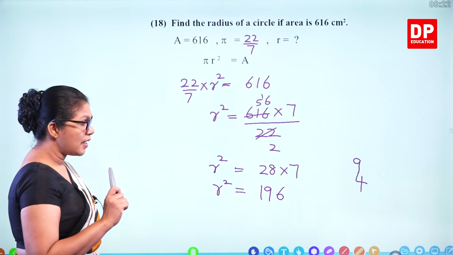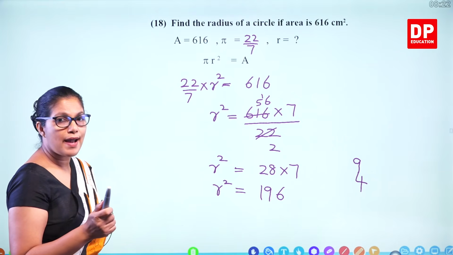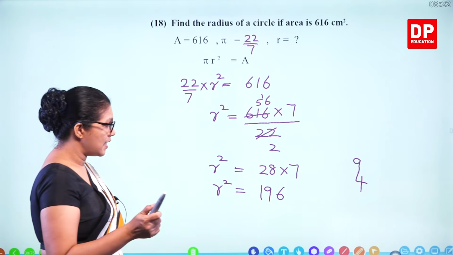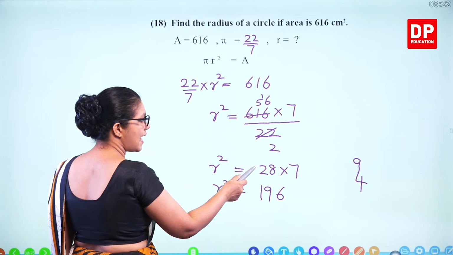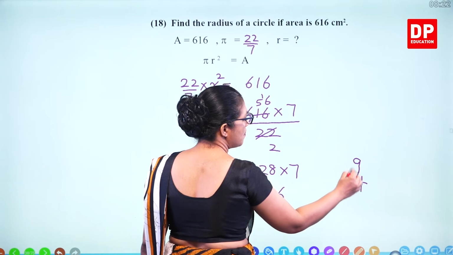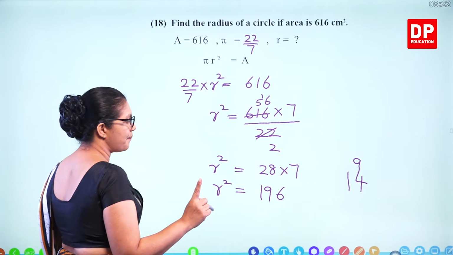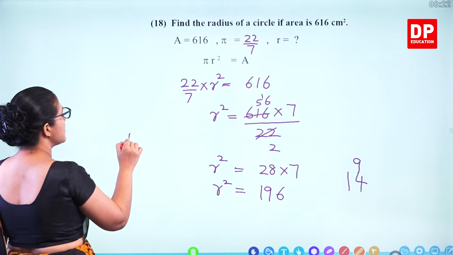Now think about 225. 225 means 15 times 15. This is less than that. 225 less than that. So that becomes 14, not 19 times 19. That's too big. So we'll check 14 times 14 whether it's correct.